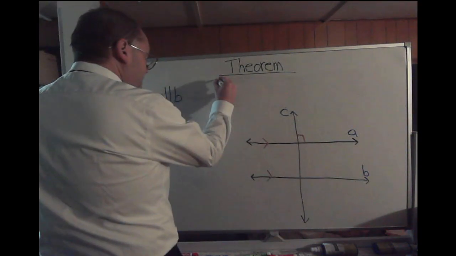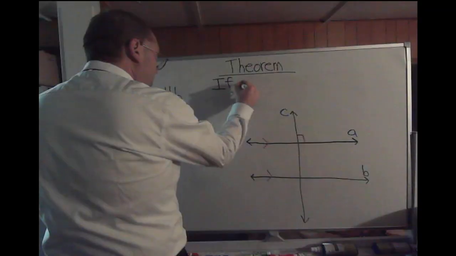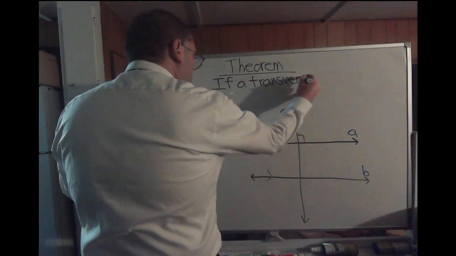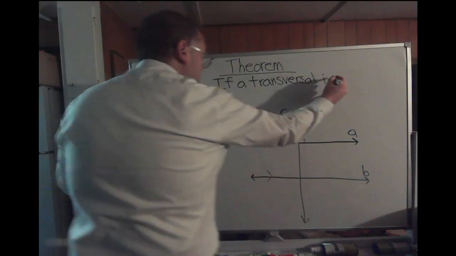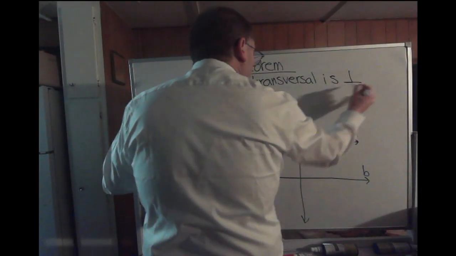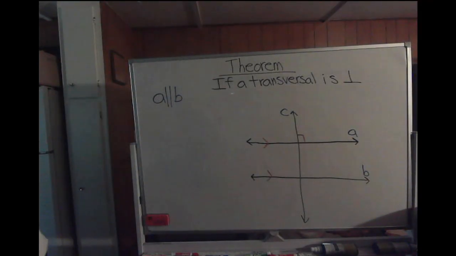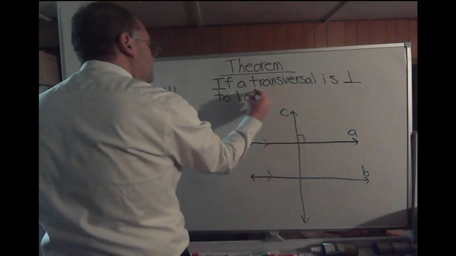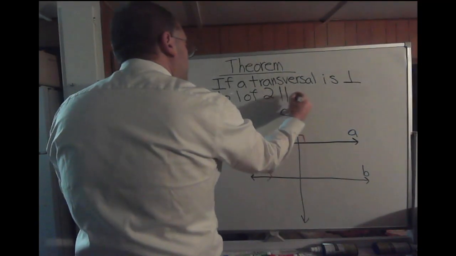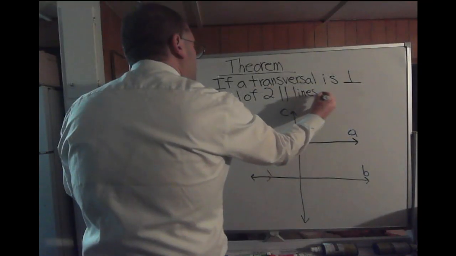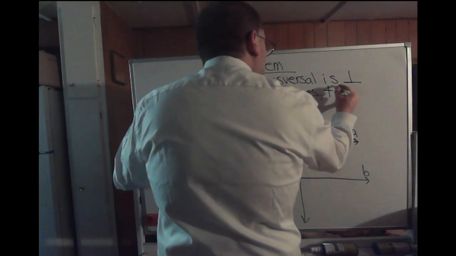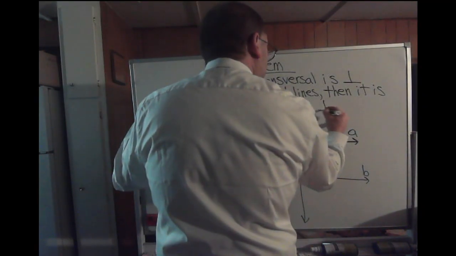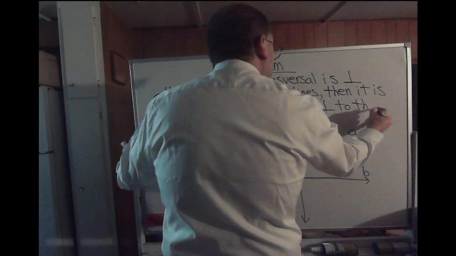This theorem states that if a transversal is perpendicular to one of two parallel lines, then it is perpendicular to the other.